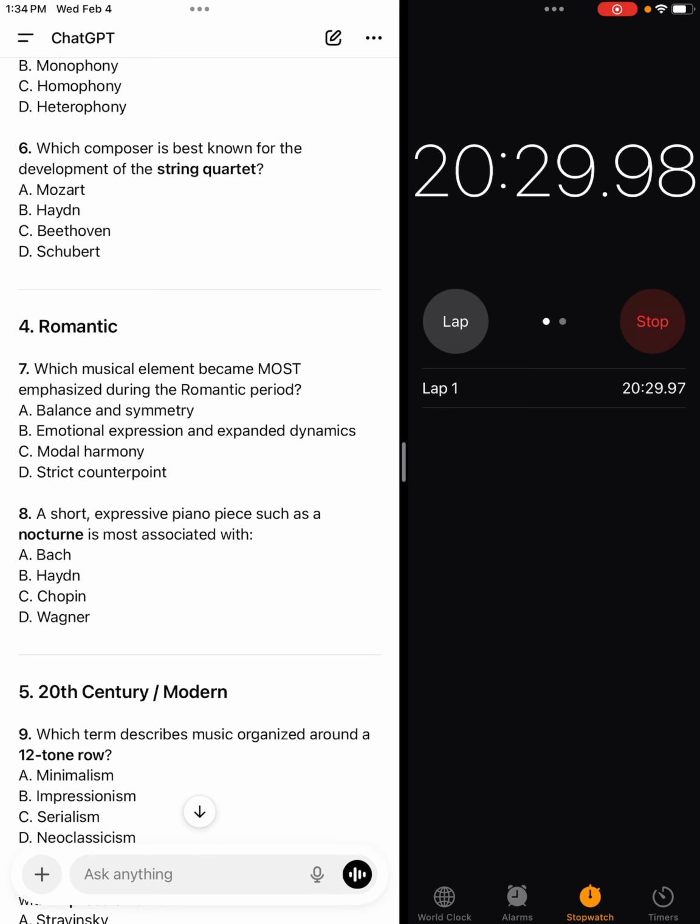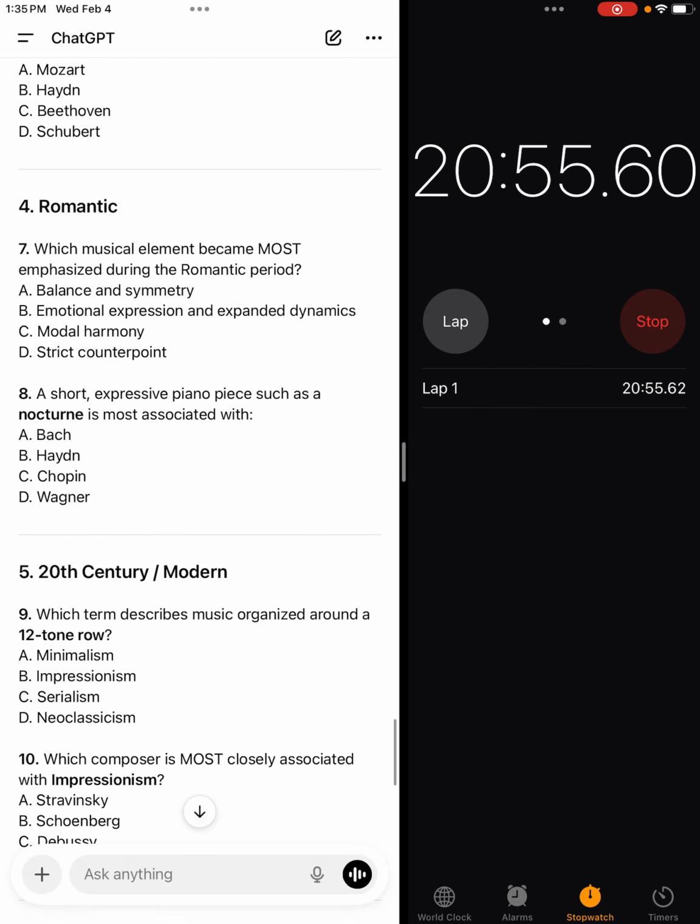String quartet is Mozart, Haydn, Beethoven. I'm going to strongly say Beethoven.